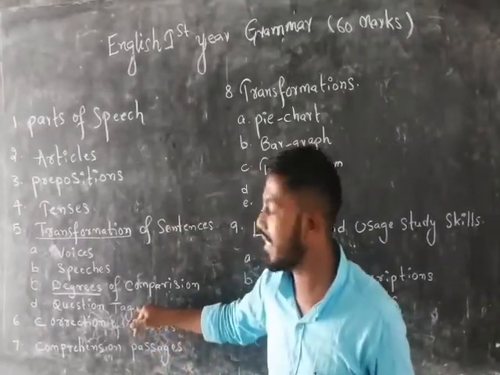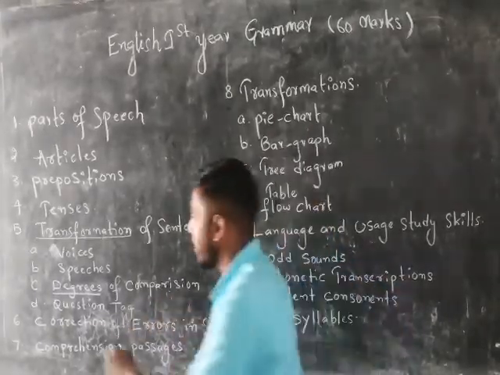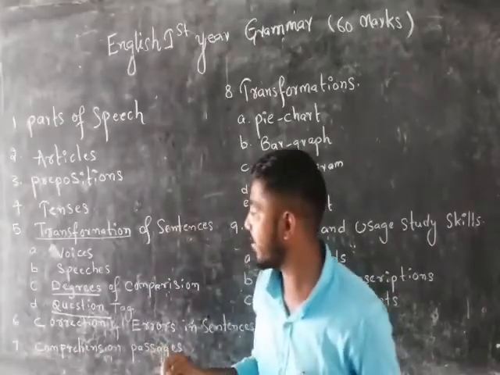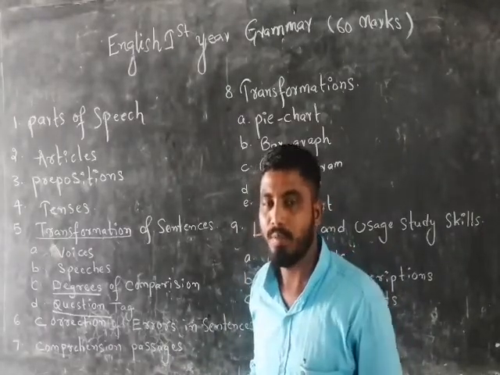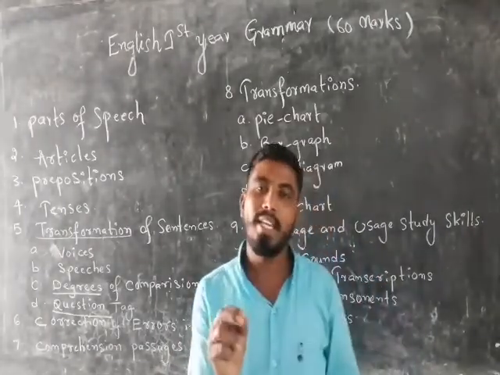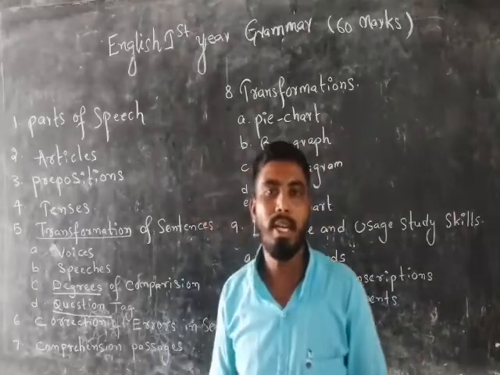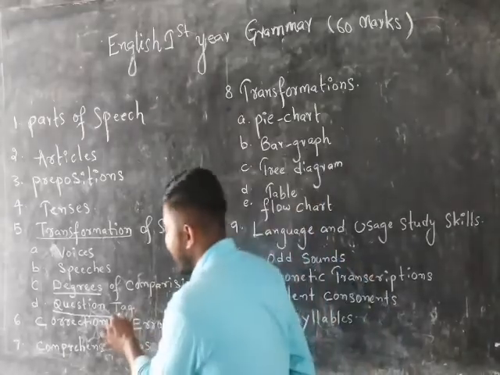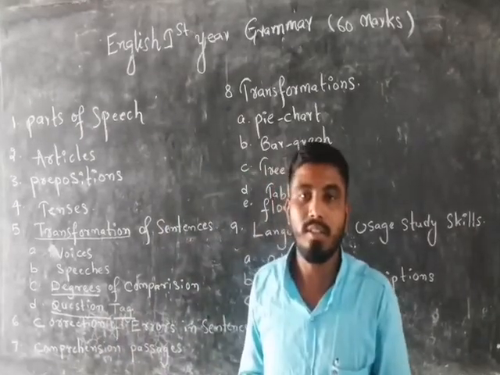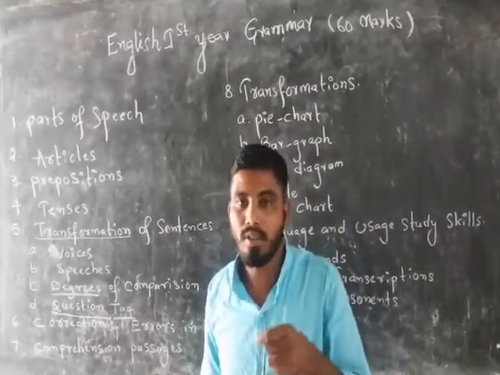Question tag is very important. A question tag is nothing but making the sentence transform from positive to question. For example, Ramu is playing cricket, isn't he? Isn't he is the tag. Ramu is playing cricket is actually a positive sentence.